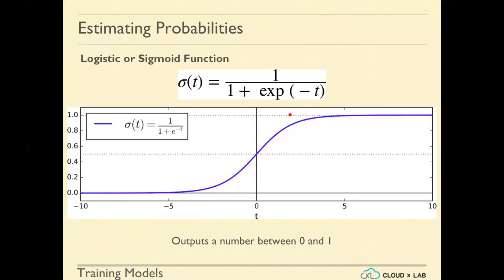Now the question that arises is that there are so many other functions that can convert any value into something between 0 and 1, right? There could be standardization. We talked about two kinds of standardization and so on. So there are many functions that could convert any arbitrary value into something between 0 and 1.